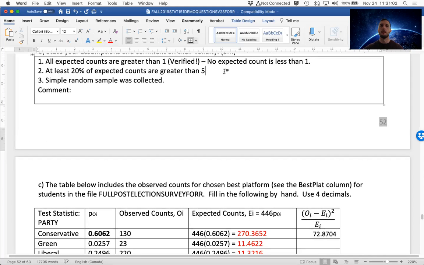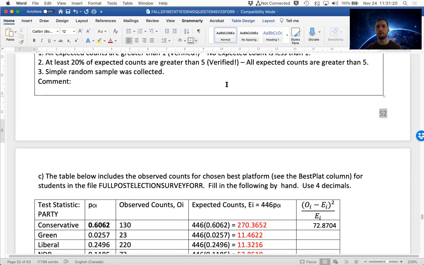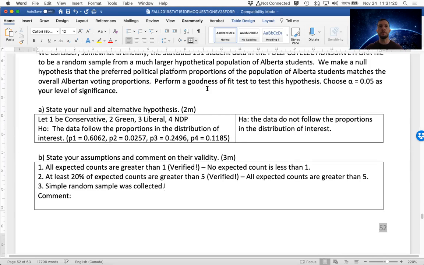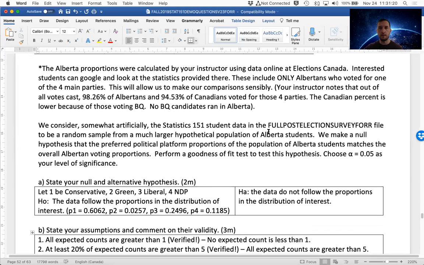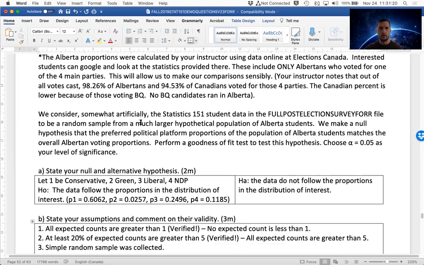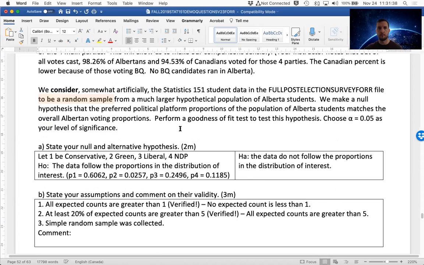The second assumption is that at least 20% of the expected counts are greater than 5. Okay, well, we have all of our expected counts being greater than 5. So that means that we have 0% of the expected counts being less than 5, so this assumption is verified. And then finally, we have a simple random sample being collected. In the question, we have here, consider to be a random sample, okay?